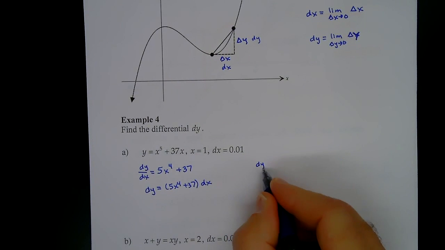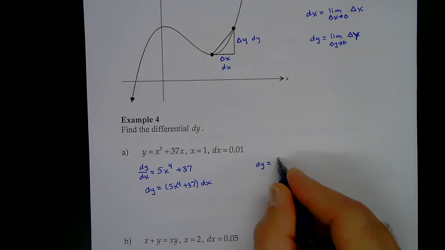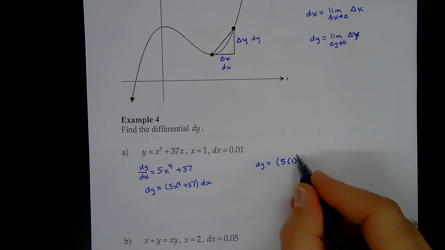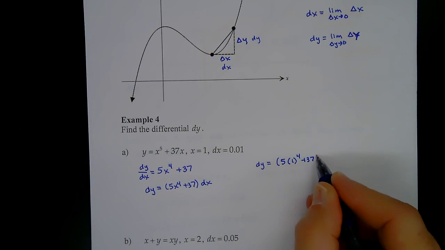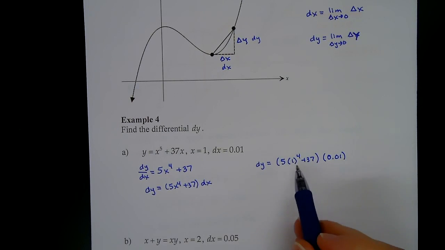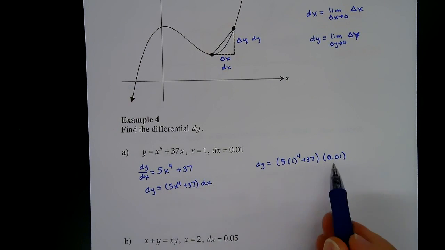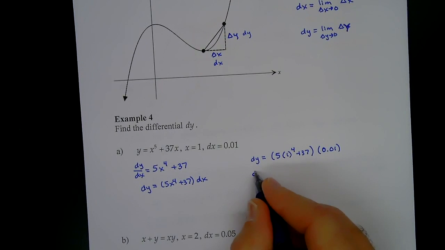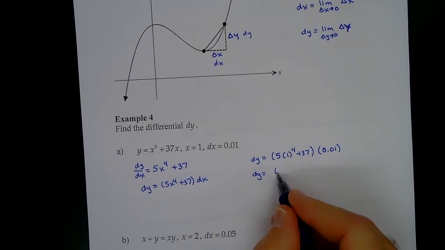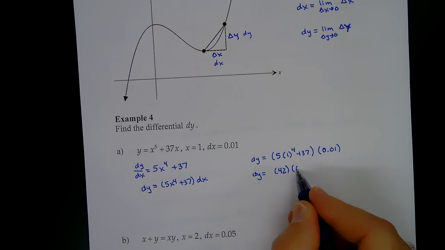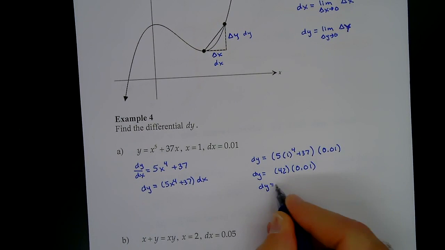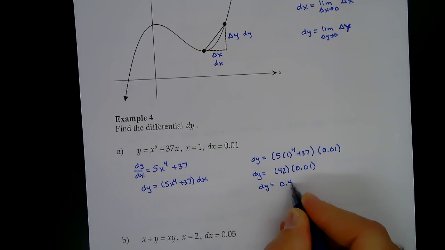So dy is equal to 5 times, and my x is 1, so I put 1 in here, to the 4th plus 37, and then times 0.01. This is putting 1 into this expression and my dx in. So dy is equal to 5 plus 37, or 42, times 0.01. If I multiply those, I get 0.42.